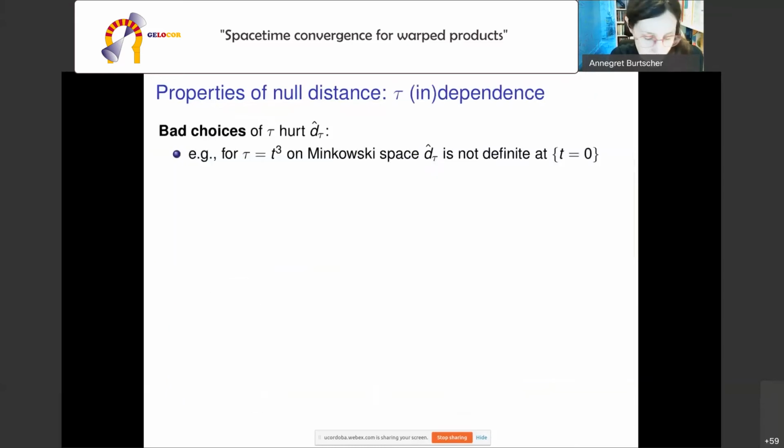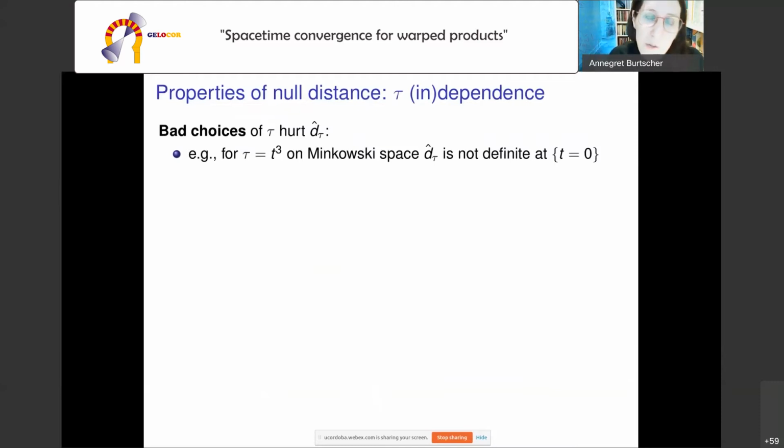And now I want to say a little bit more about the choice of the time function, because you may say, well, this is maybe very difficult to actually get a meaningful null distance if I have a bad choice of a time function. And indeed, you have to be a little bit careful. But I want to also argue now that it's not too difficult to make a good choice. Okay. So the first thing that you observe is that you can very easily make a bad choice.